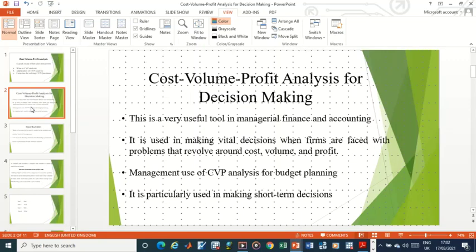There are times that management of a firm will have to weigh their option when it comes to a particular product. They will have to think of whether to buy that product or to produce it in-house. So I'm going to be giving you an illustration to demonstrate that to you.